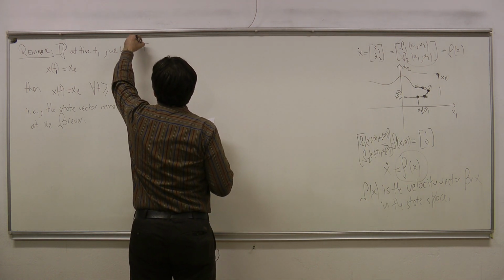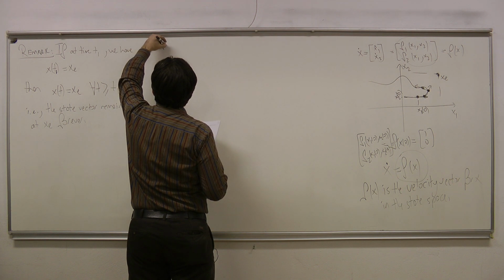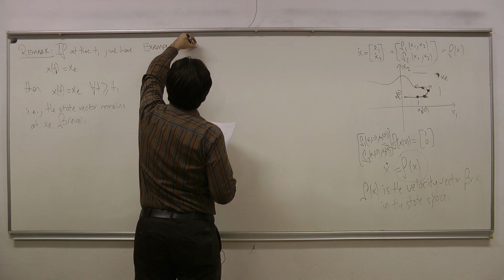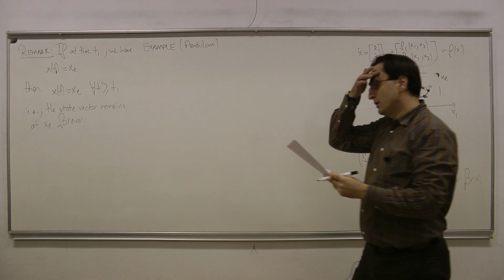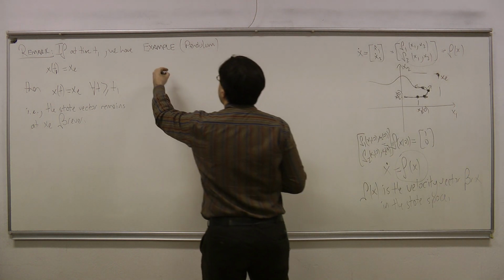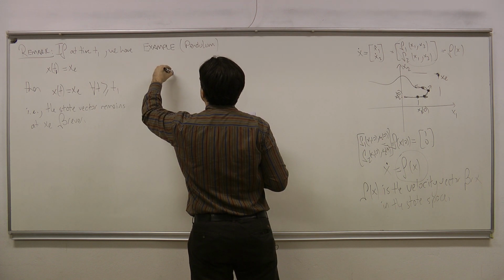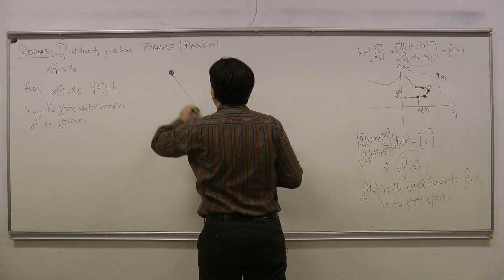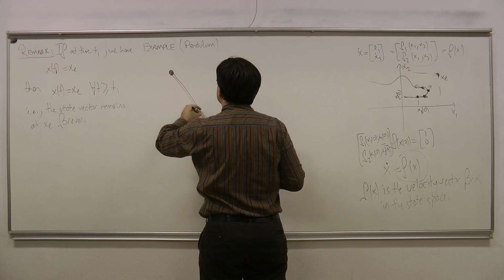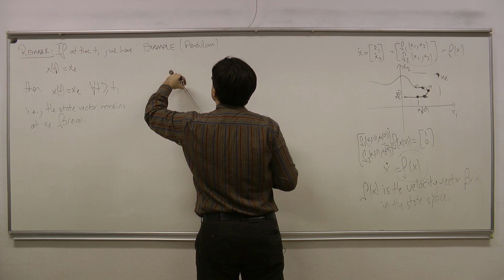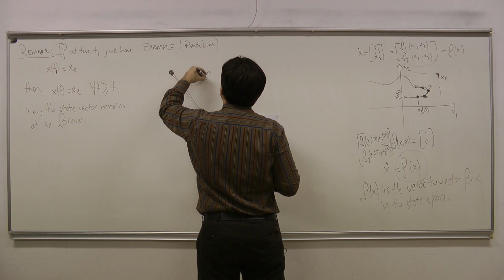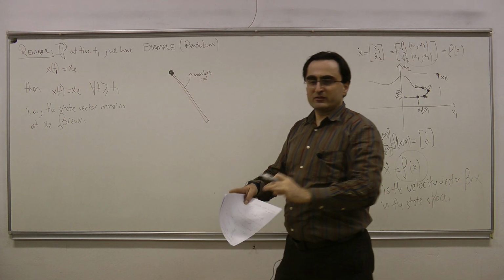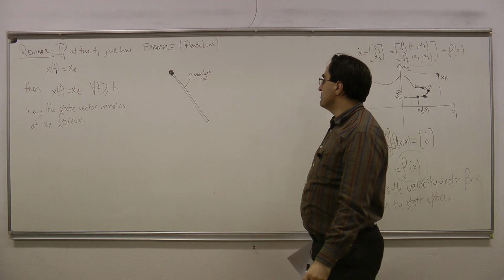So let us look at the example, which is the pendulum example. Okay? So suppose that we have a pivot point here, all right? And I have a massless rod here. So this is a massless rod, so it is just a stick without any mass.